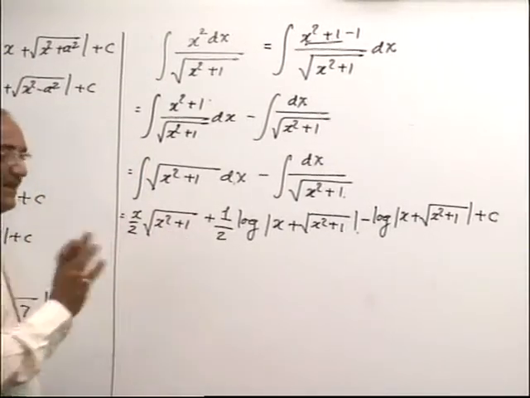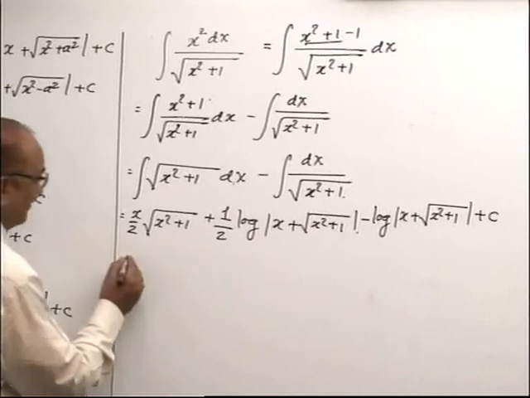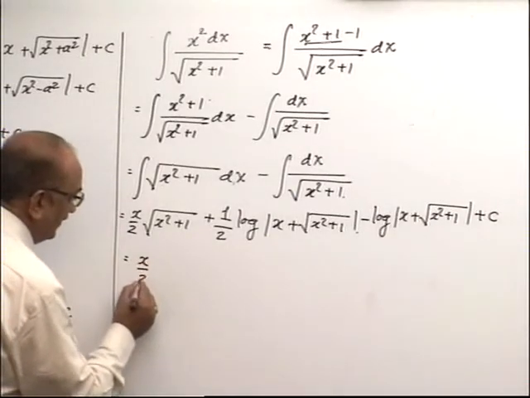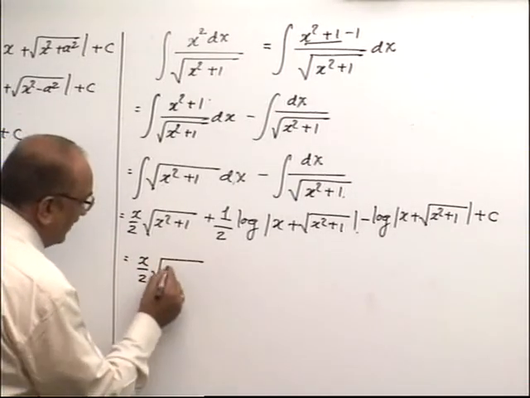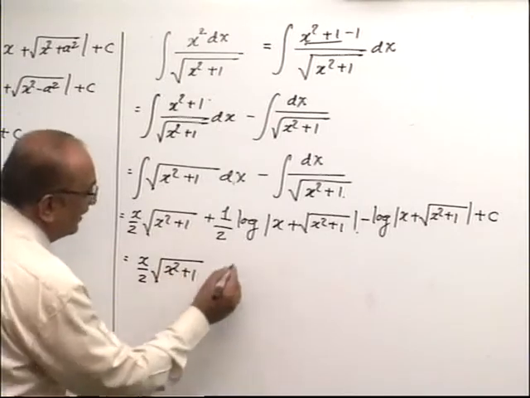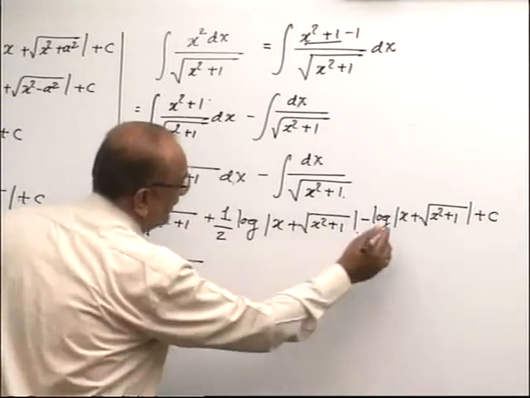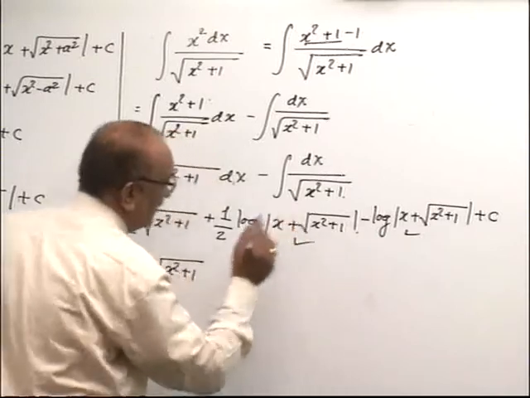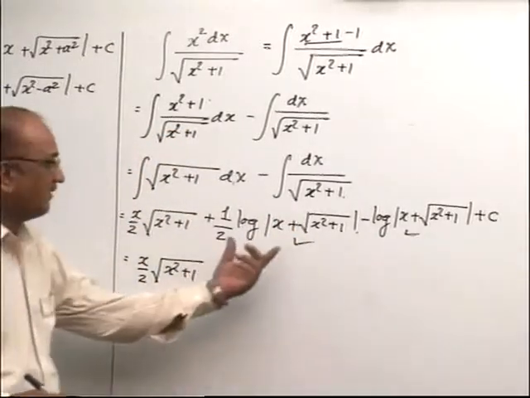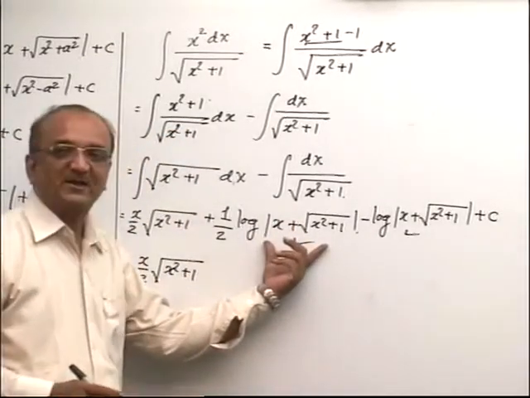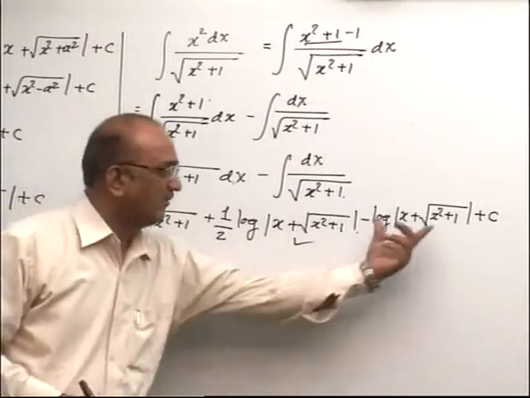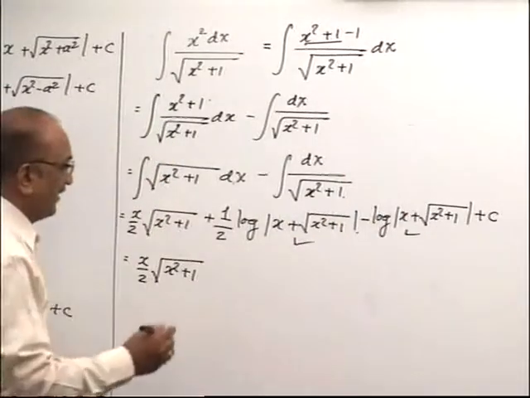In this step there is no change. What we write? x by 2 into root of x square plus 1, no change. In these two terms, the log term is common. This log of modulus x plus root x square plus 1 is common. If we eliminate this, what do we get in the bracket?